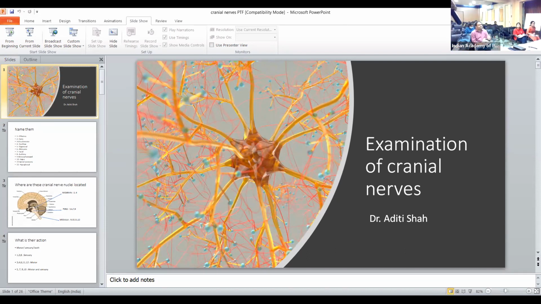Can somebody tell me what are the cranial nerve nuclei in the pons? Perfect. So 5 also, right? 5, 6, 7, 8. 4 nerves from the pons, and of course the remaining from the medulla. Please remember these: 3 and 4 from the midbrain, 5, 6, 7, 8 from the pons, 9, 10, 11, 12 from the medulla.